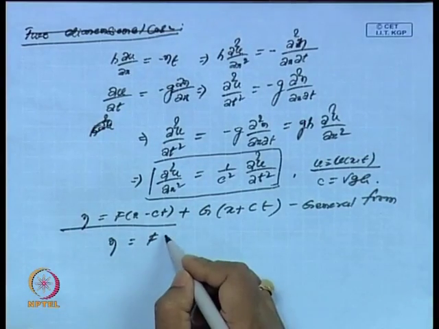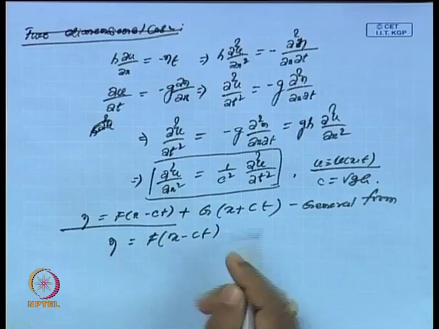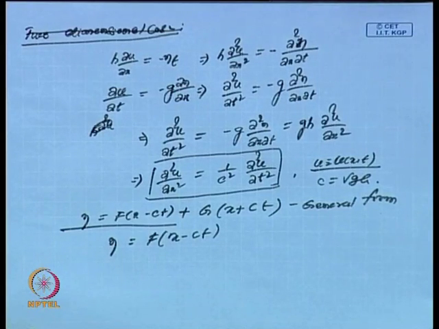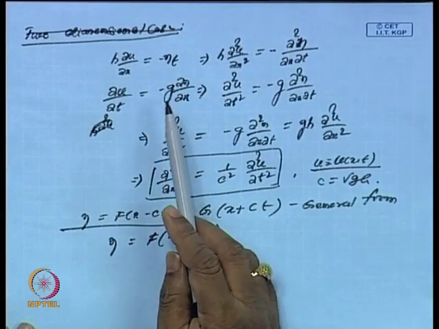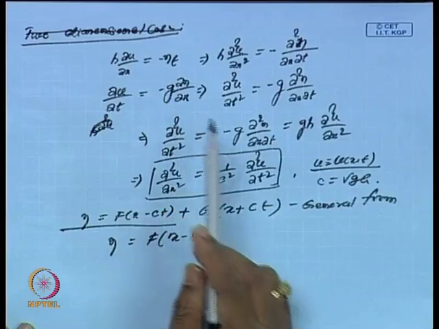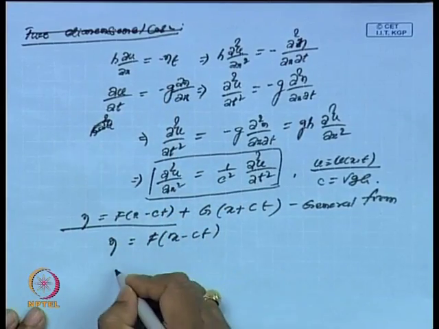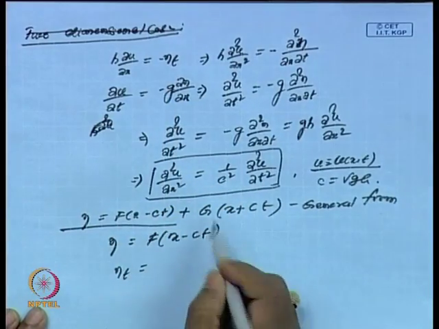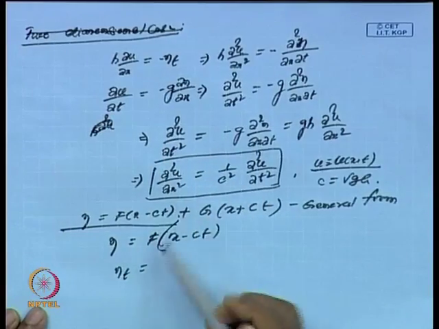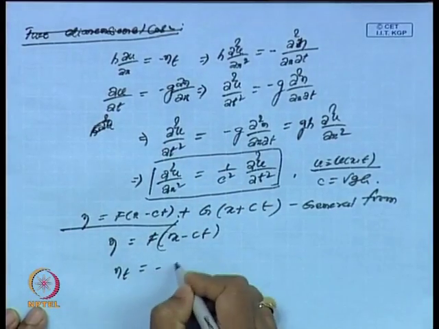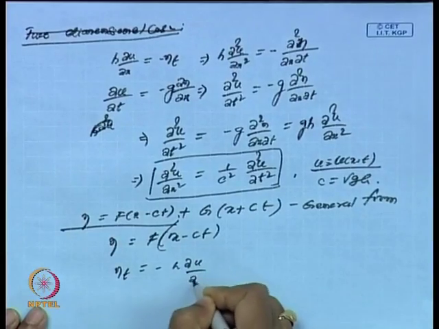So, if eta is f of x minus c t, then I can always find my u, because we have eta t equal to minus h del u by del x.